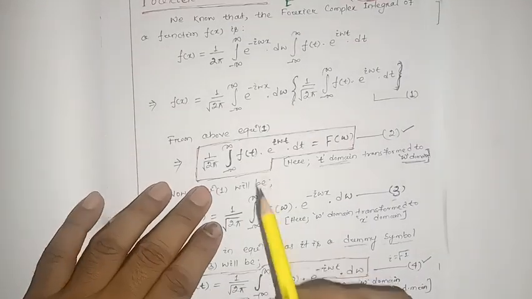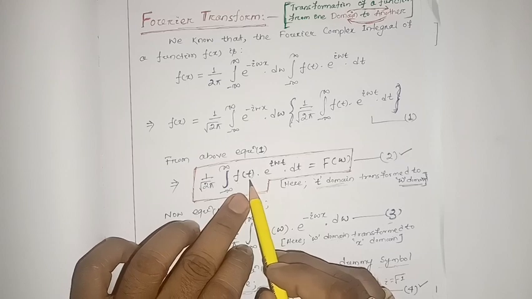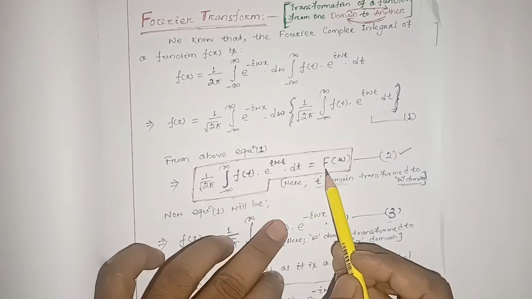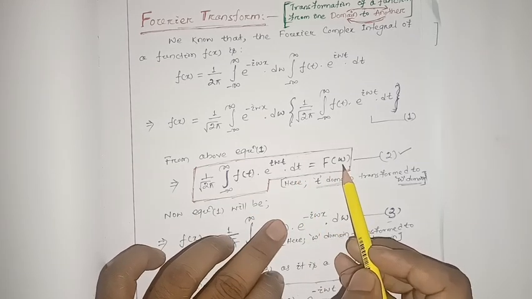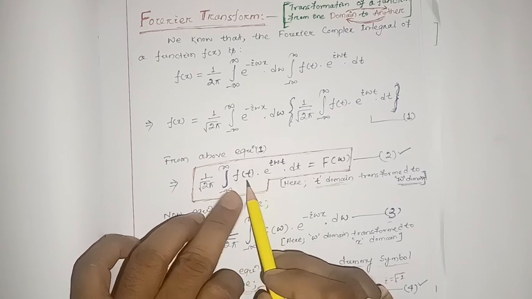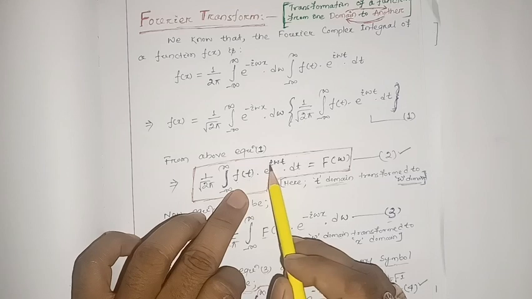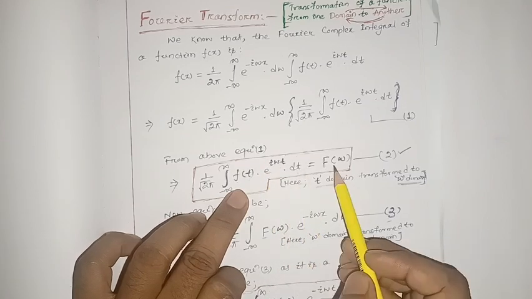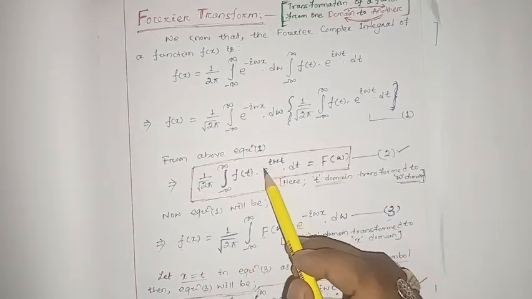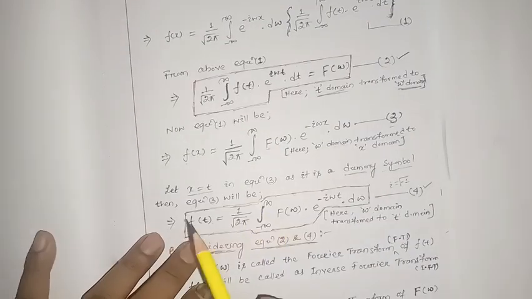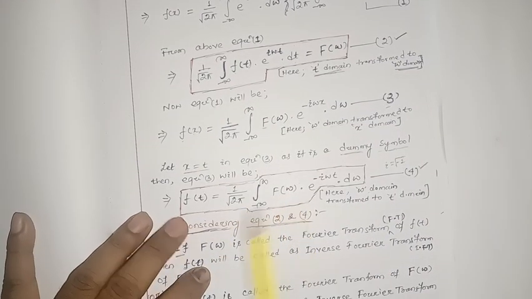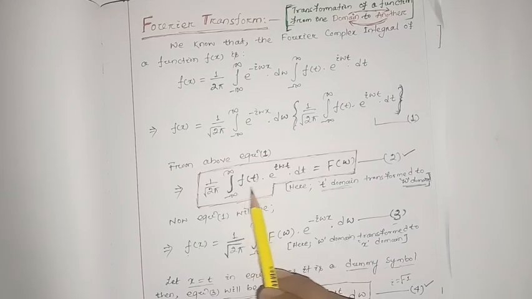Okay, so for Fourier transform we consider f of t, e to the i omega t, integration with respect to t. This is your capital F of omega, a function of variable t, and this with the plus sign, plus iota omega t dt, is called capital F of omega. For inverse this will be minus. Okay, for inverse transformation of this capital F of omega, we get the original one, small f of t.